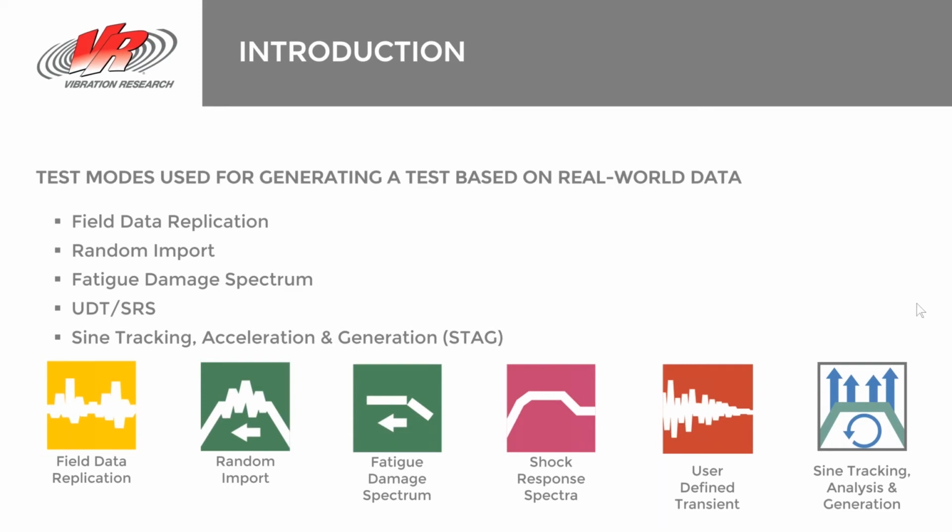The next two are shock response spectrum and user-defined transient. These are used for analyzing and generating complex shock tests based on real-world data. There's also a whole other industry or several other industries that use this for shock testing and for using something other than the classical shock pulses.